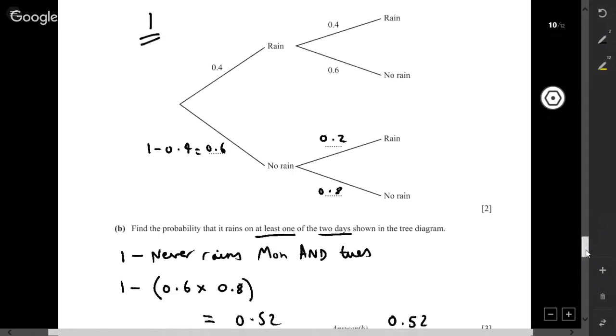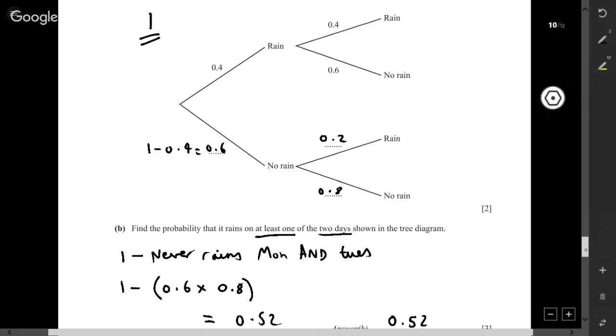Find the probability that it rains on at least one of the 2 days. The easiest way to do this is to find 1 minus the probability of it never raining on Monday and Tuesday. This is the opposite of it raining on at least one of the 2 days.